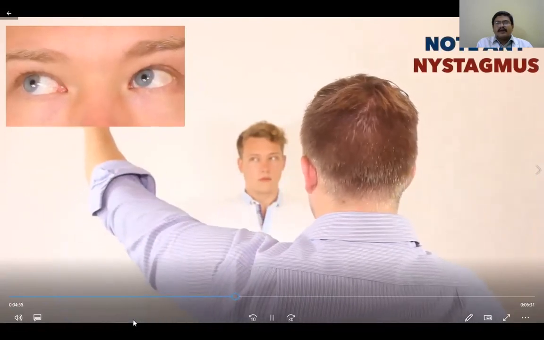This H-shaped manner is testing the ocular movements, the versions. Did you have any double vision at all? No. Okay, fantastic.